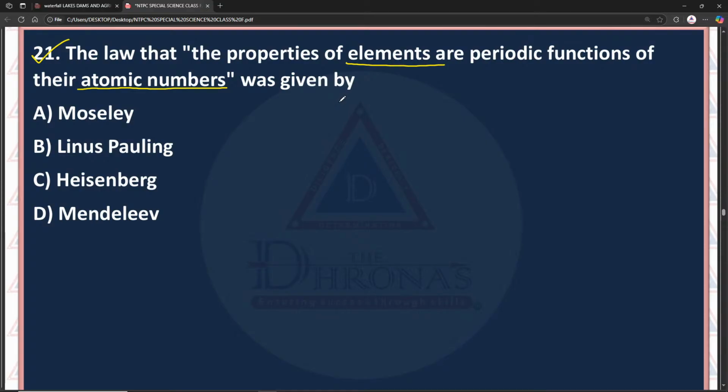Can you guess? Your options are Henry Moseley, Linus Pauling, Heisenberg, and Mendeleev. Answer can be Henry Moseley. The right answer is Henry Moseley. He gave this law that the properties of an element depend on the atomic number of the element. Okay.